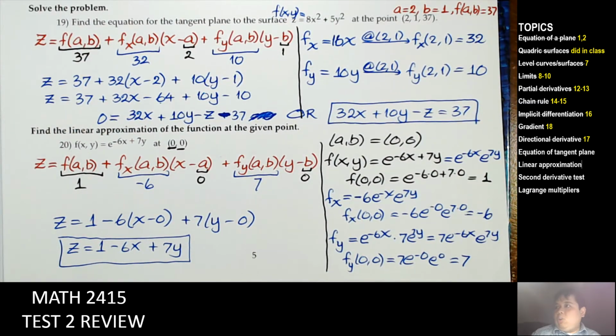Right, so that's what we have. So the equation of the plane, that will be the tangent plane, that is 19. And the linear approximation, that is 20.